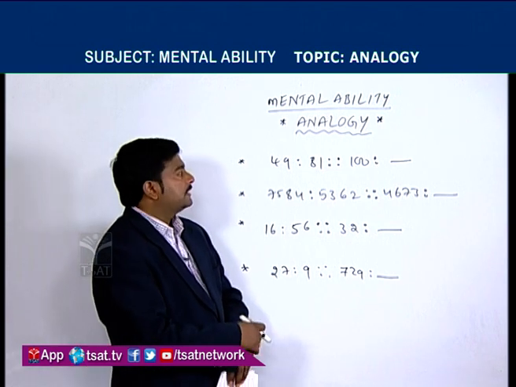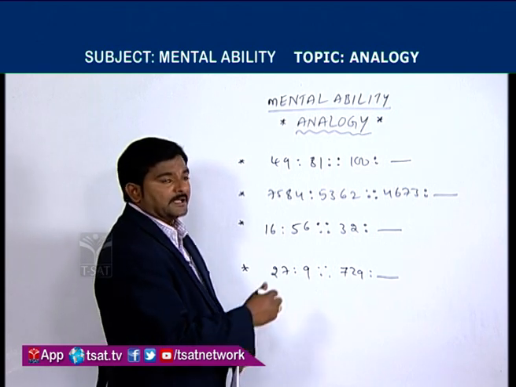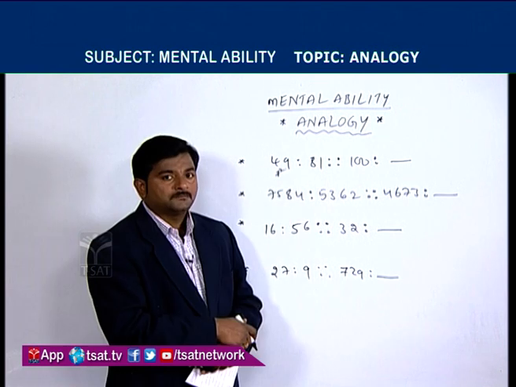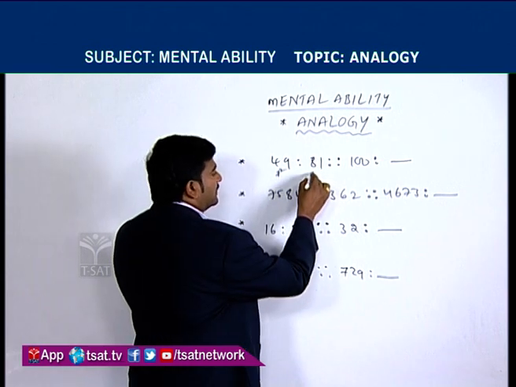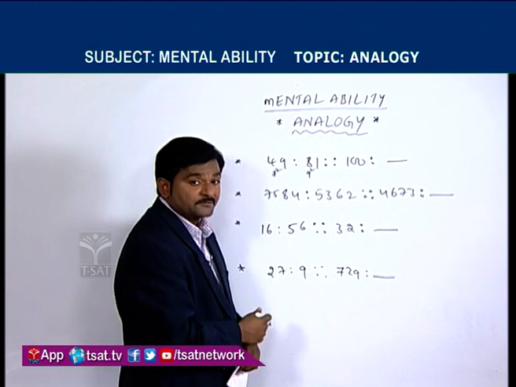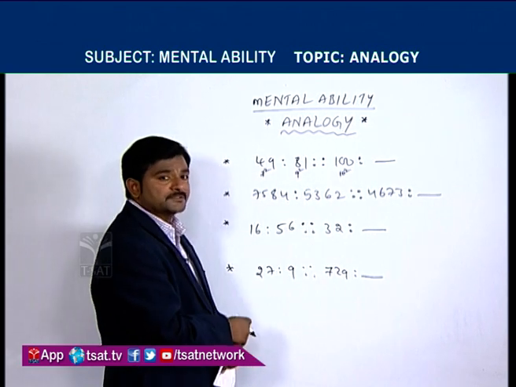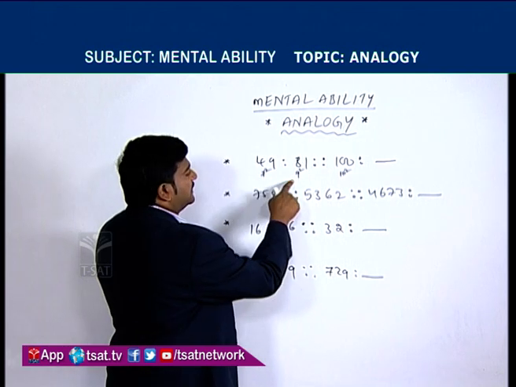Now observe the first example here, 49 is to 81. So what does it mean here? 49 means we can write 7 square. Here 81 means 9 square. What about 100? 100 means 10 square. All are squares only, but there is a logic involved in that. So here 7 square, 9 square.